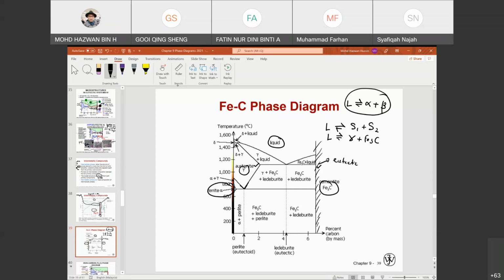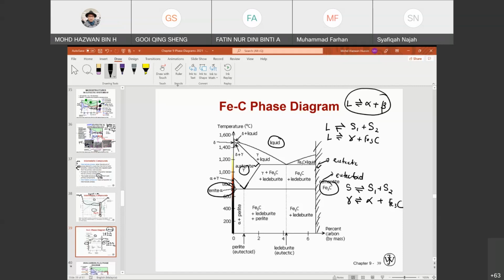So this reaction is actually known as eutectoid. Okay, eutectoid reaction is defined as: if you have one solid, when it cools, it forms another two solids. In this case, gamma, when it solidifies, will form alpha or ferrite plus cementite, Fe3C. Okay, so macam mana saya nampak ni?